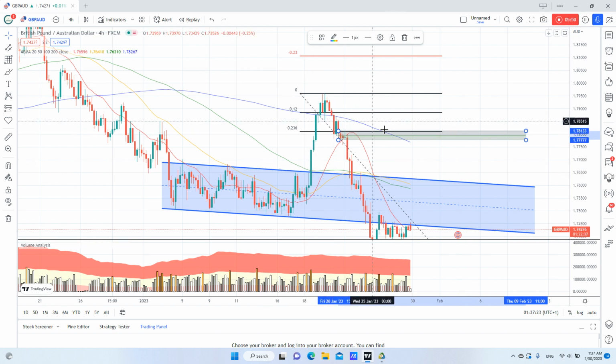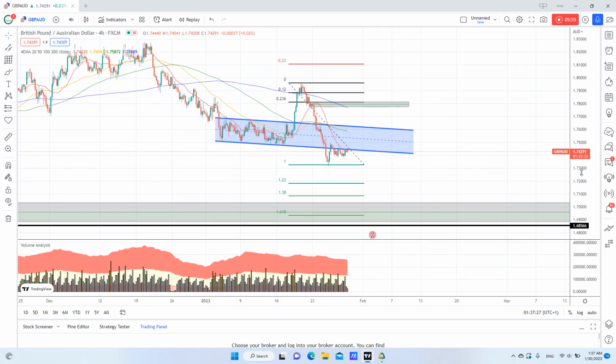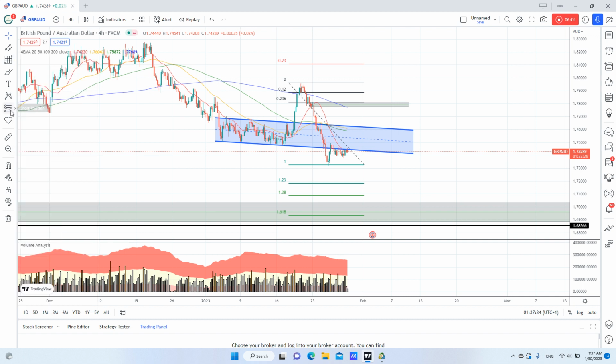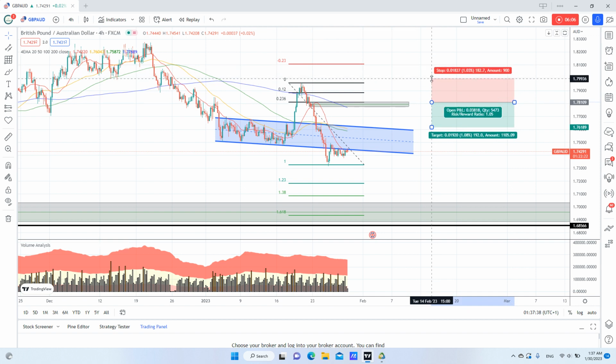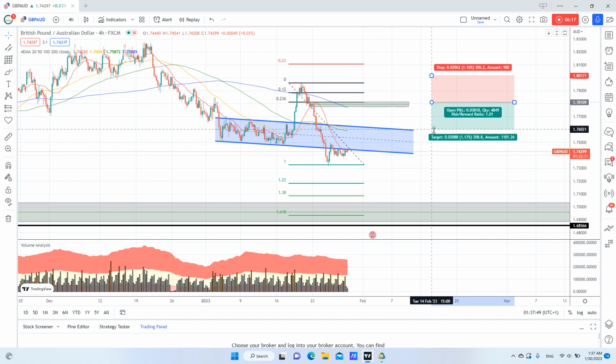So I will enter at the 77 level, stop loss above the UTAD, like this, or as we said before, above the minus 0.23, but I will put it here, and then take profit 1 here, 2, 3, and 4.